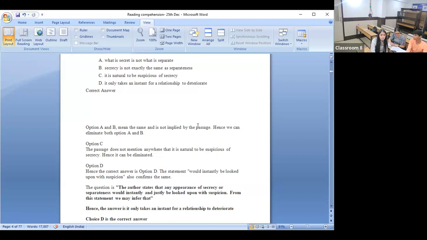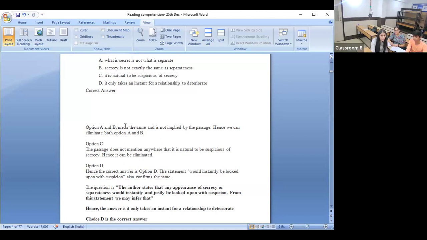It's the same thing. It is not implied by the message. They mean the same, but why is it wrong? Let's just see. Does not mention natural to be suspicious of secrecy. Does it mention anything natural? It mentions secrecy, but it doesn't mention that it's normal.